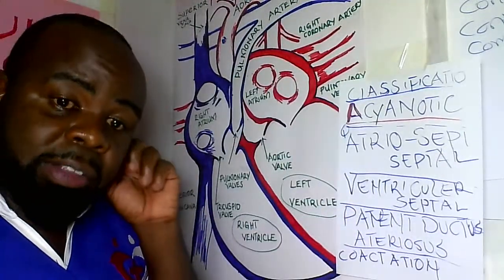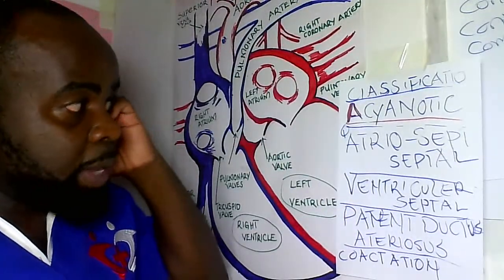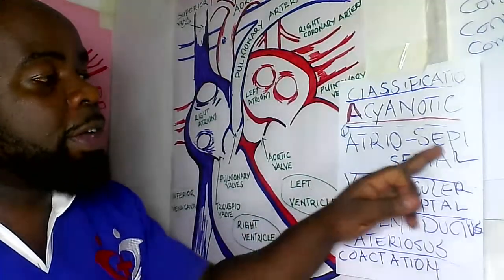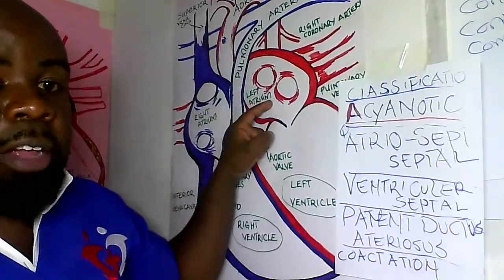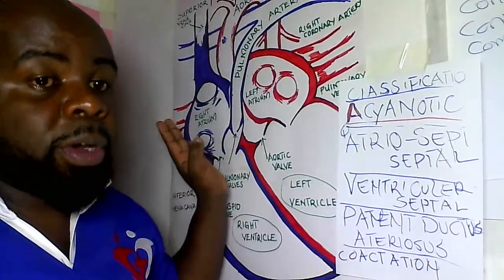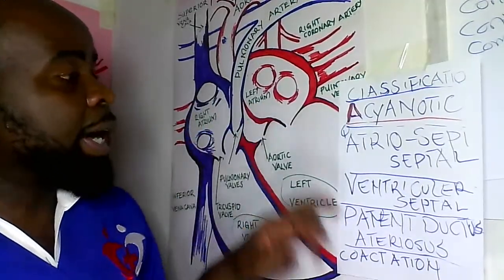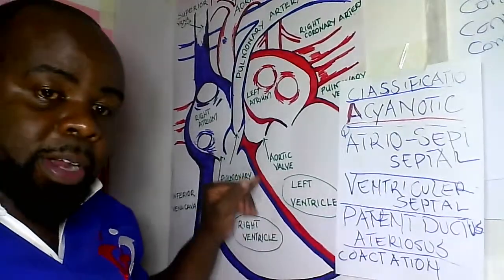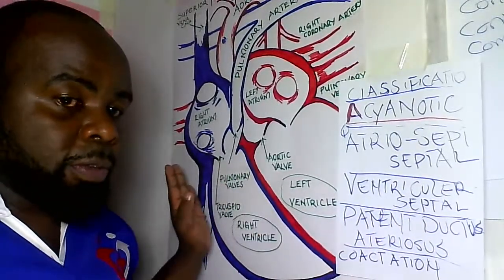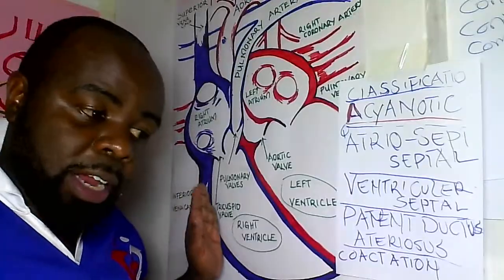The blood has oxygen. So there is atrial septal defect: a hole from the right atrium to the left atrium, the foramen ovale that is not closed. Then we have ventricular septal defect, a hole through the septum of the heart, so it is mixing blood from the left ventricle to the right ventricle.